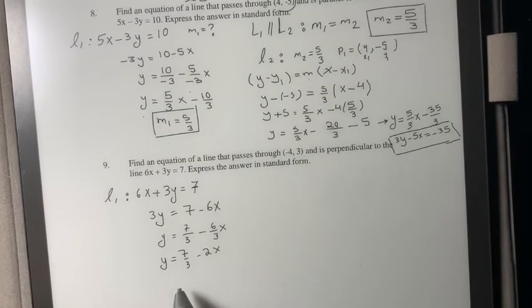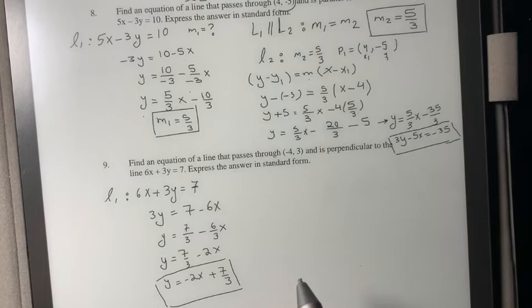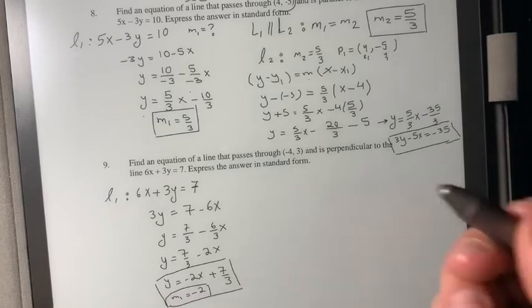Okay, so let's bring this, and this is a slope-intercept formula. So m1 for the first line is negative 2, right? So now we have another line.